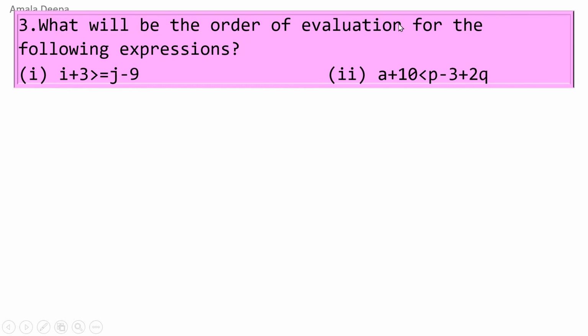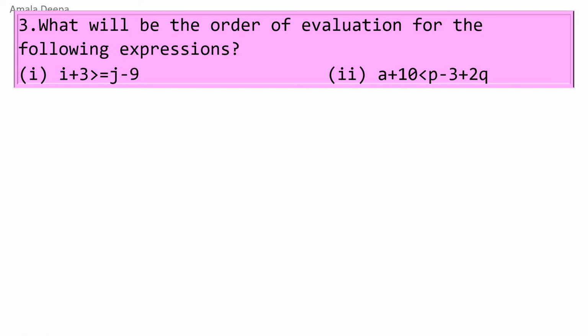To show the order of evaluation for a given expression, you have to draw a flow diagram. For that, you have to select and write down only the variables and constants in that expression in the same order in which it is given in the expression. i, 3, j, 9 are the variables and constants in this expression.